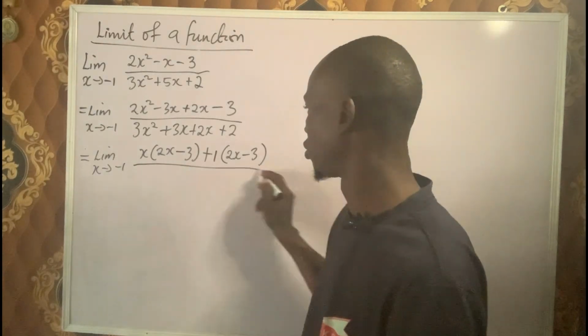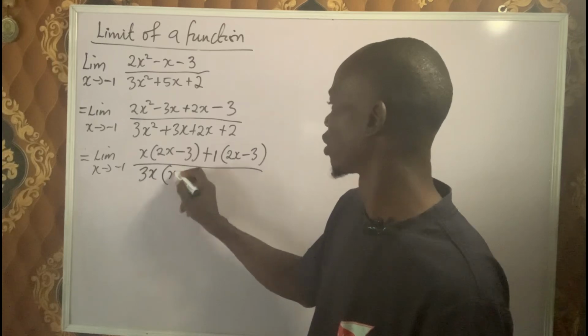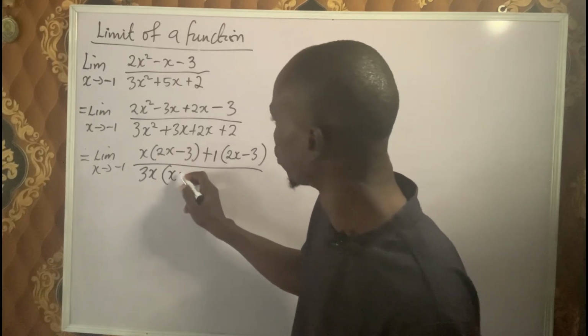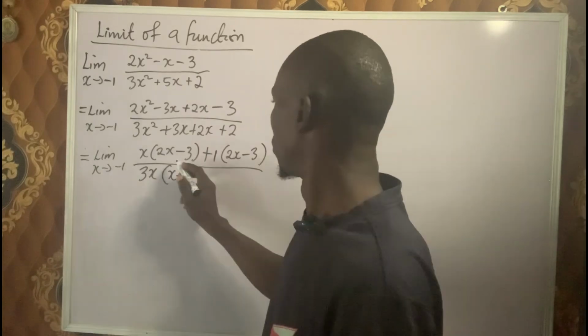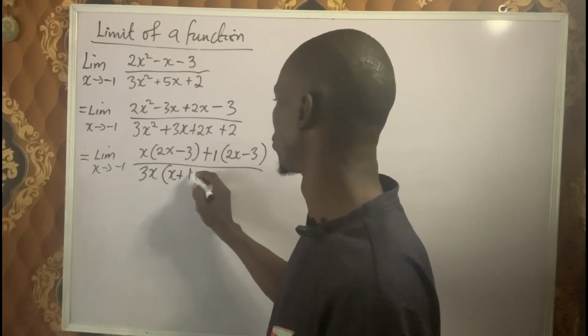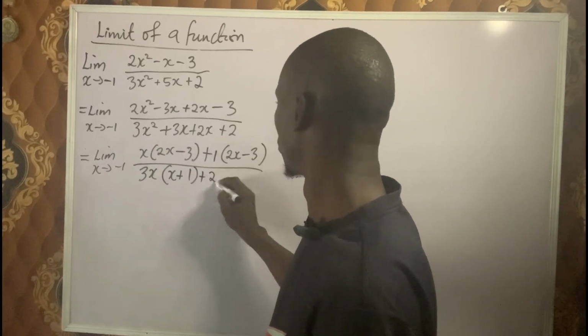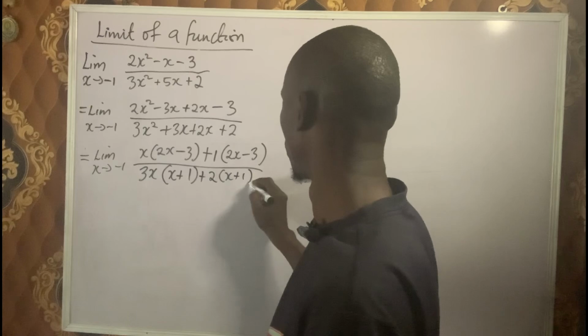Okay, the same thing at the denominator. 3x is common, and we have x plus 1. So we have 3x bracket x plus 1 close bracket. 2 is common here, plus 2 bracket x plus 1.